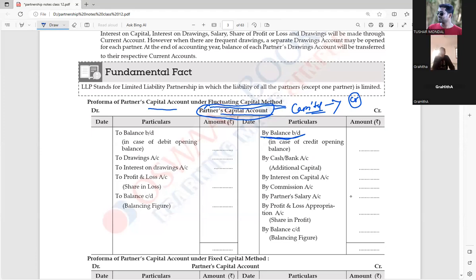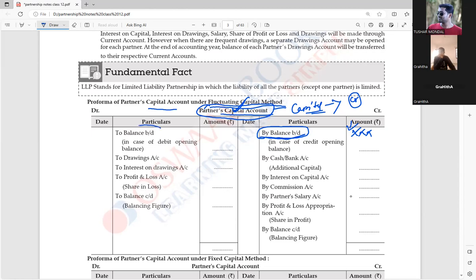Now if I am going to make the capital account, balance brought down is always on the capital credit side. Now the question is, sir, that balance brought down, if that cash balance is in the company or in the firm, that is the total amount the company has.